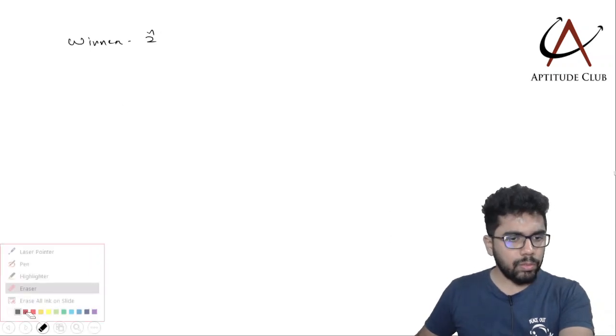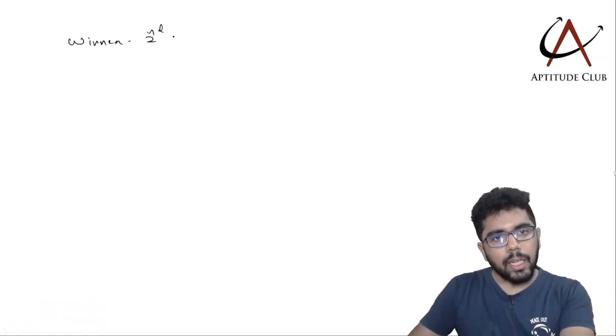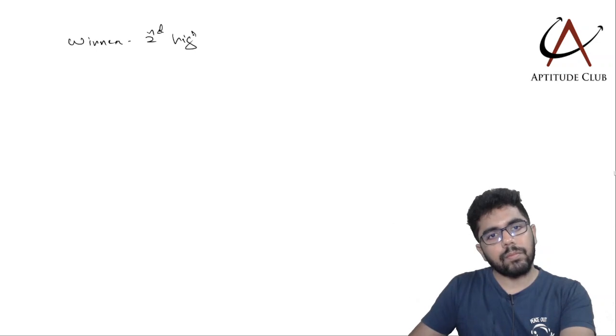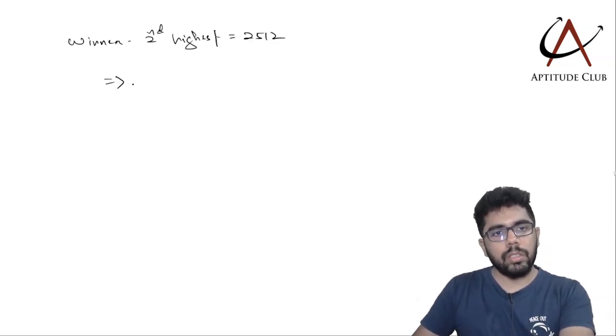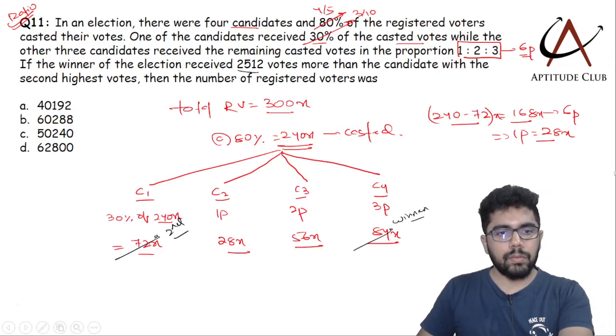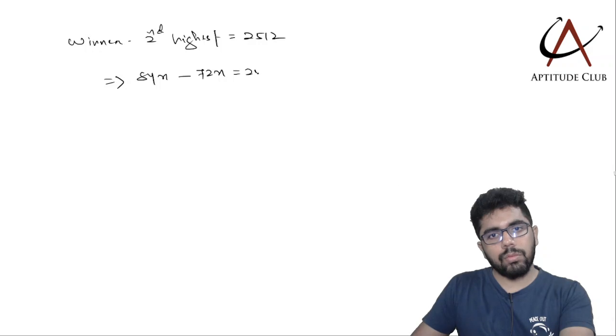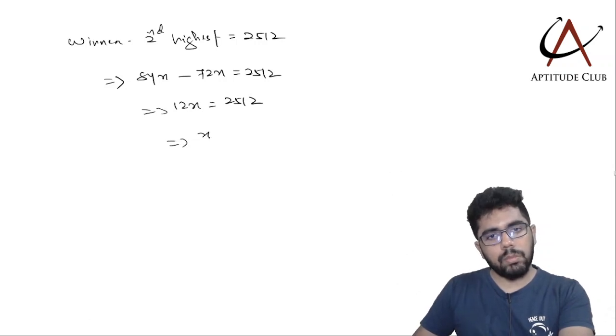Now it is easy to solve. Winner minus the second highest, this is 2512. That means 84x minus 72x is 2512, or I get 12x is equal to 2512, or this gives me x is 2512 divided by 12.